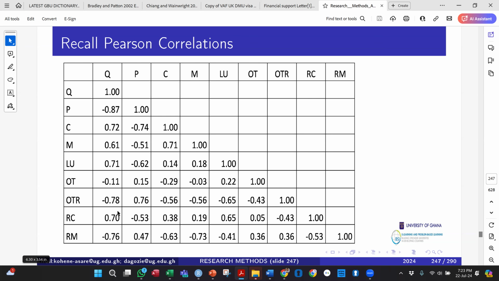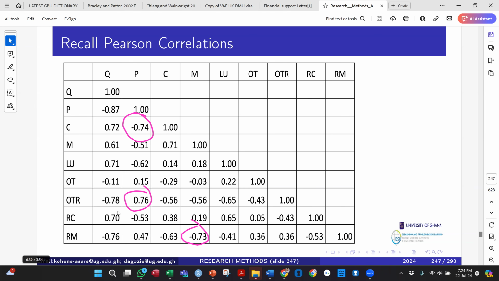I think it was 0.76. That is good. What was the second one? -0.74. All right. And the last one? -0.73. Correct. So those were the ones.